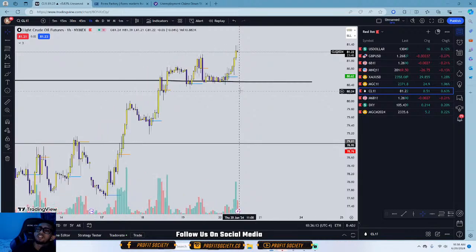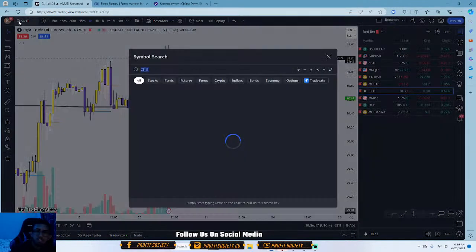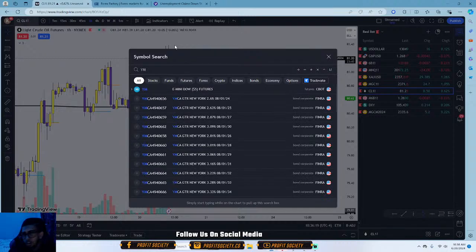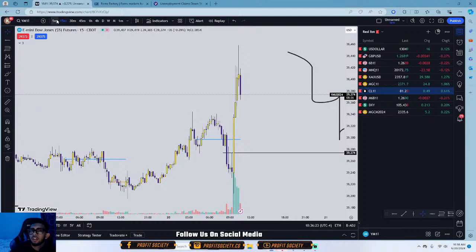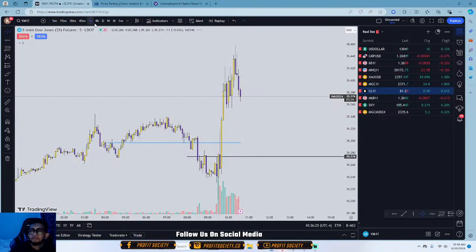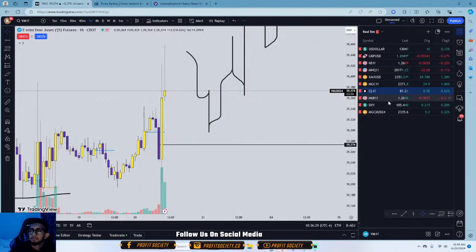As far as any other pairs, I don't see any other pairs that are moving as well. Dow Jones could be like the only pair that I see possibly moving up.